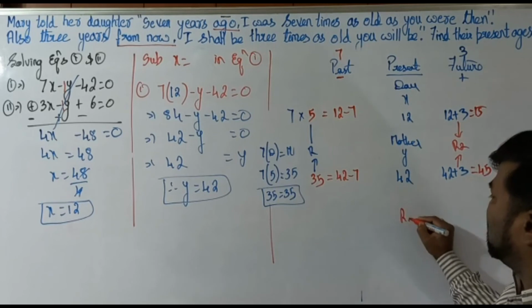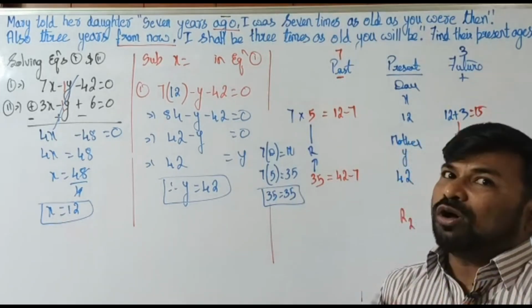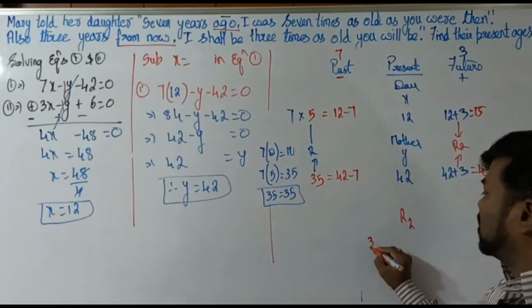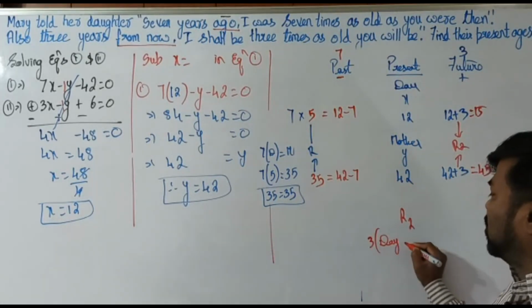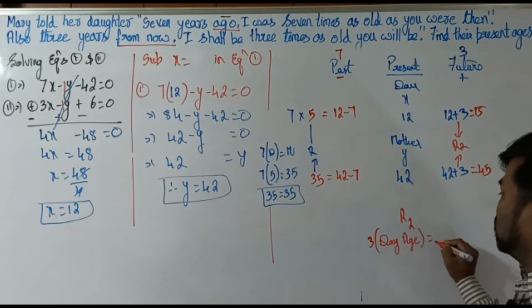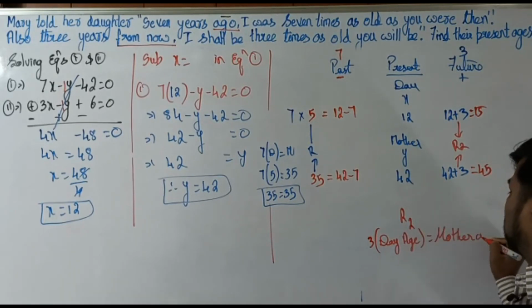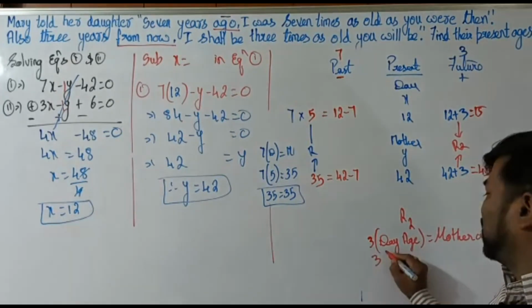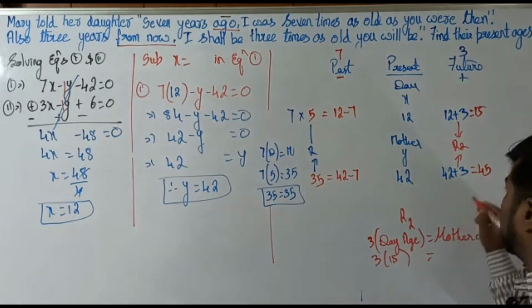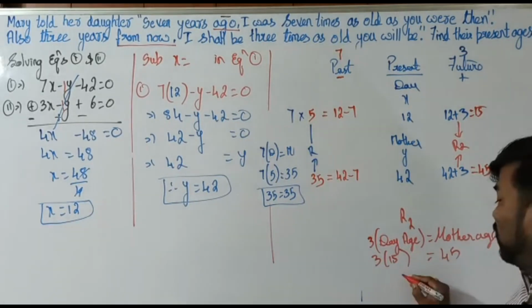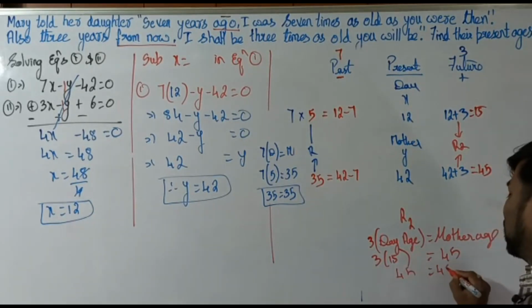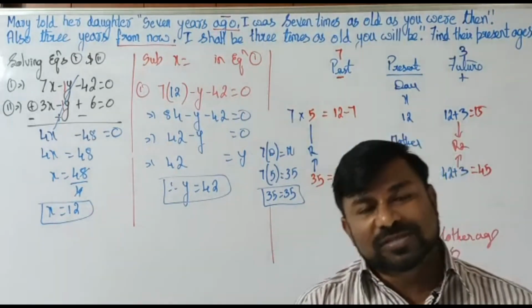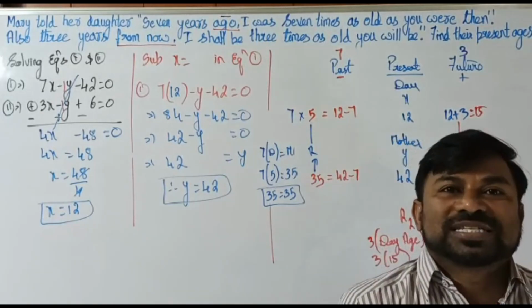Relation 2: 3 times the daughter's age equals mother's age. What is daughter's age? 15. Therefore, 3 times 15 is 45. 45 equals 45. So the future relation is also verified. Now we are confident enough to say, yes, what we got is the correct one.